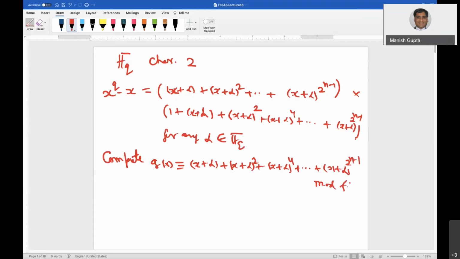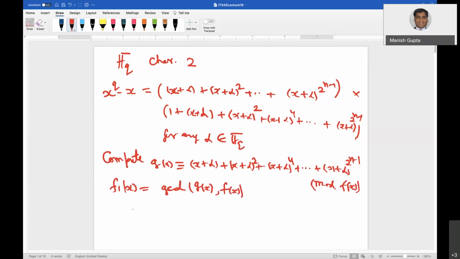We reduce it with f(x), the polynomial that we want to factor. Then we put f1(x) as GCD of g(x) and f(x).